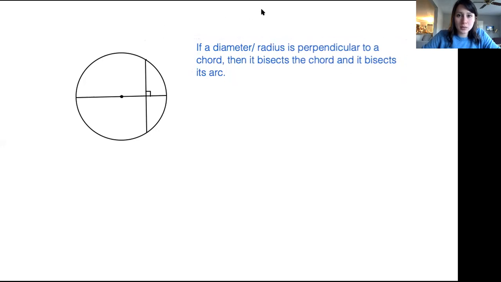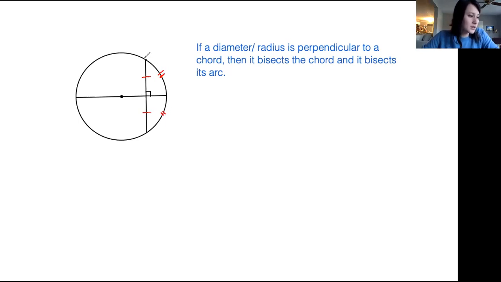So if I'm going to label this, what I see here is this diameter and this chord are 90 degrees, they're perpendicular. These 2 chords are now going to be congruent, and these two arcs are also congruent. So it bisects, it cuts it into two equal parts.